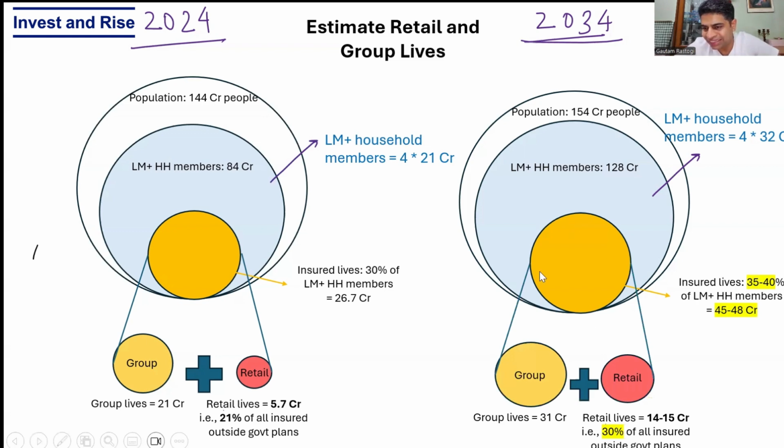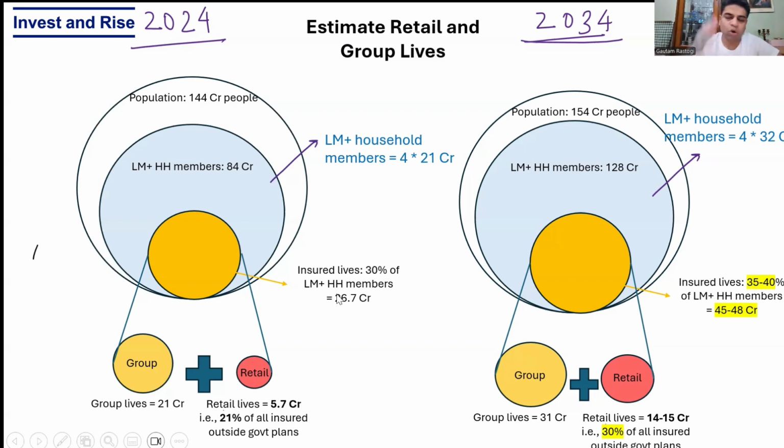Now moving forward. Of course this 45-48 CR people is, as I said, composed of group insurance and retail insurance. So to estimate the number of retail which make up this circle here, what I do is I see that right now in 2024, retail forms 21% of all the insured people. This 27 CR, retail forms 21% of this number.